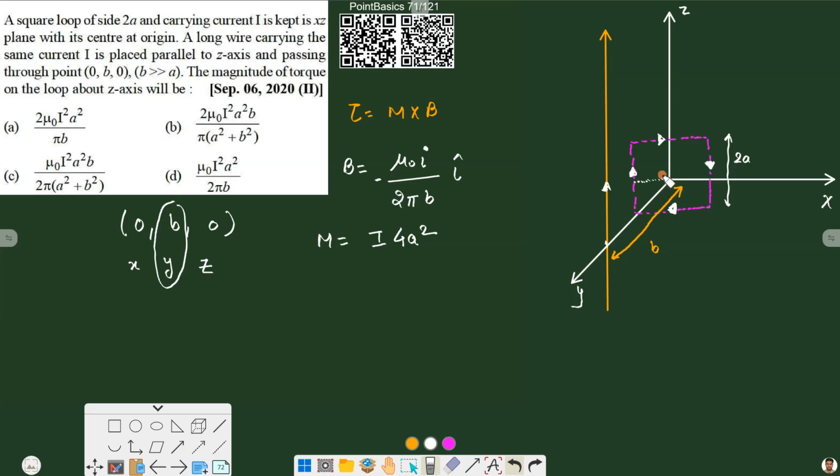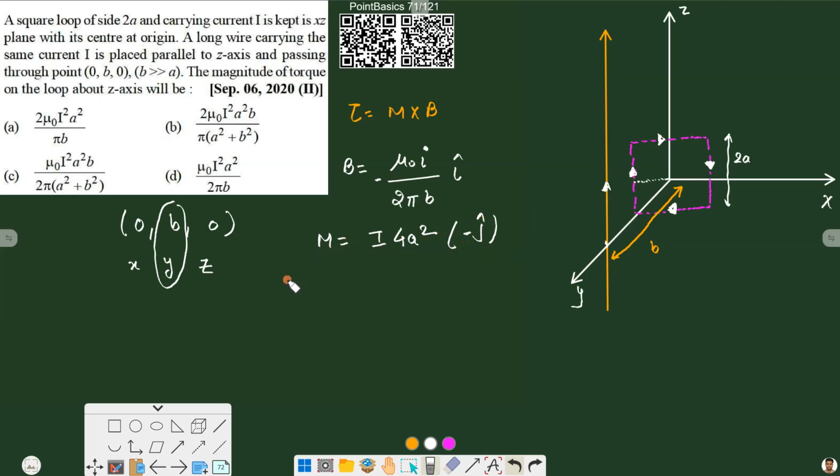After rotating your right hand fingers in the loop direction, your thumb will point in the negative y direction. So the magnetic dipole moment will be in minus j.